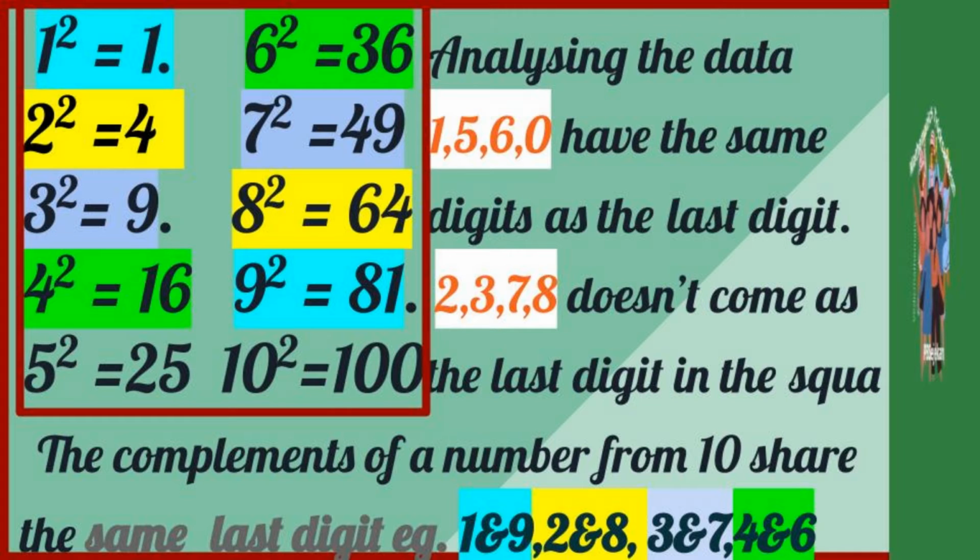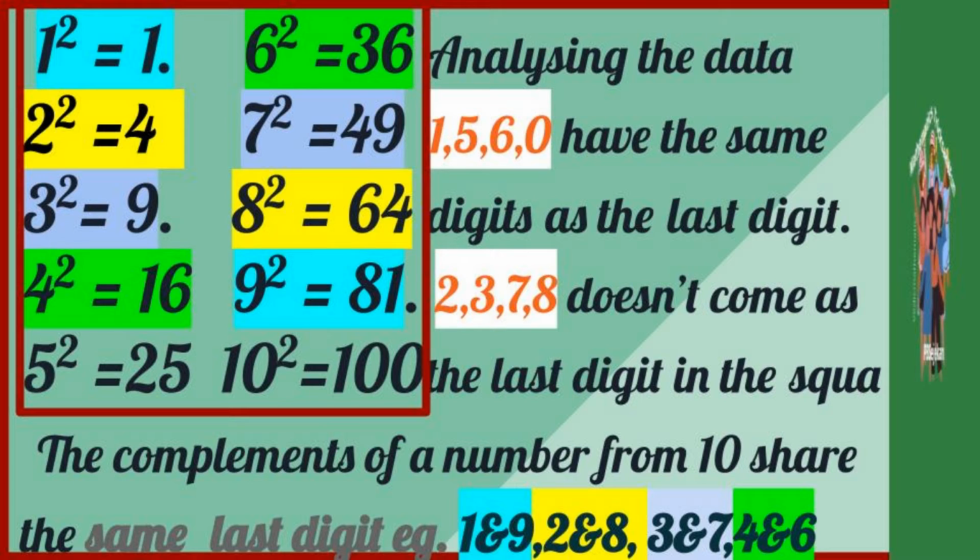Additionally, we will learn squares up to 20 now. 11 square is 121, 12 square is 144, 13 square is 169, 14 square is 196, 15 square is 225, 16 square is 256, 17 square is 289, 18 square is 324, 19 square is 361, 20 square is 400.